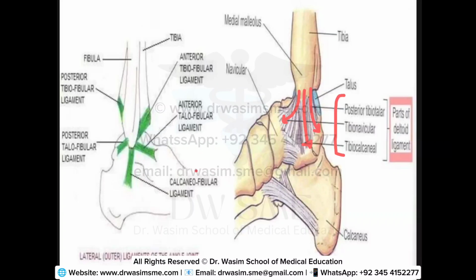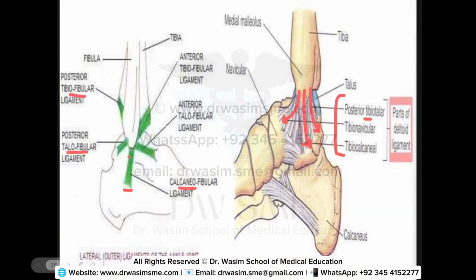All right. Similarly, on the lateral side, we have different components. Similarly, we have calcaneum, we have the fibula and tibia, and we have talus. Now, on the medial side, the predominant name that you need to add is tibia, whereas on the lateral side, we have the fibula. So we will be adding fibula to that: talofibular, calcaneofibular, and the tibiofibular.